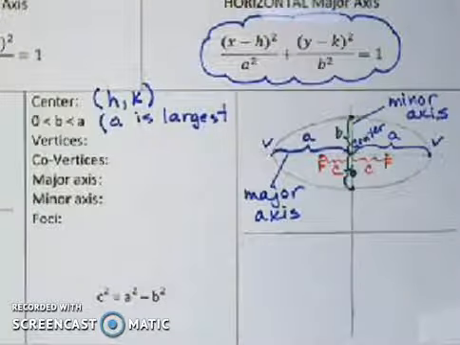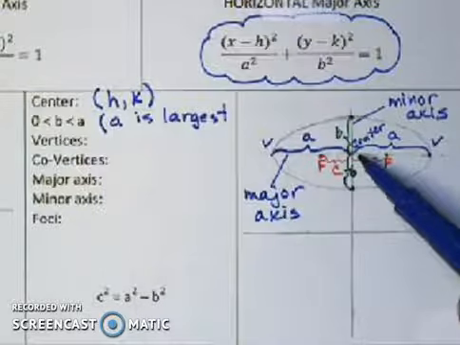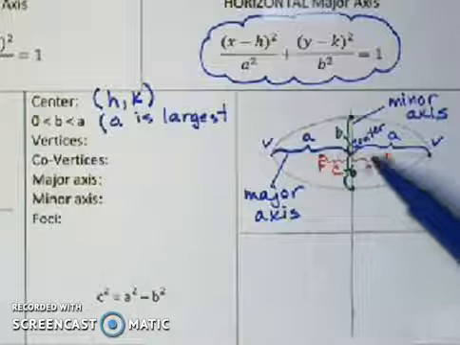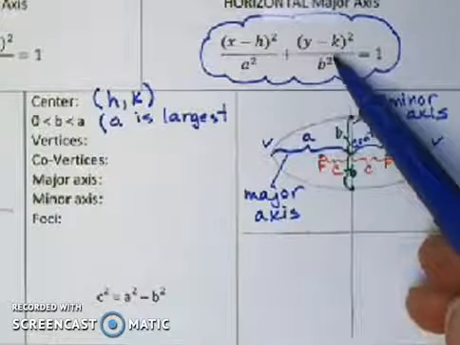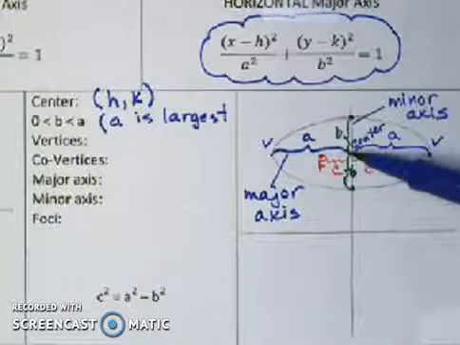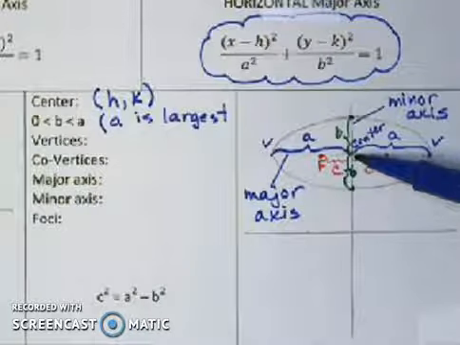Okay, my center, I did put the center right on the y-axis, but I didn't have to, right? I could have shifted it a little bit, and then I would have had a better h and k. Right now my h is 0, and my k is whatever that value is there on the y-axis. Let's go back and fill in some of these.